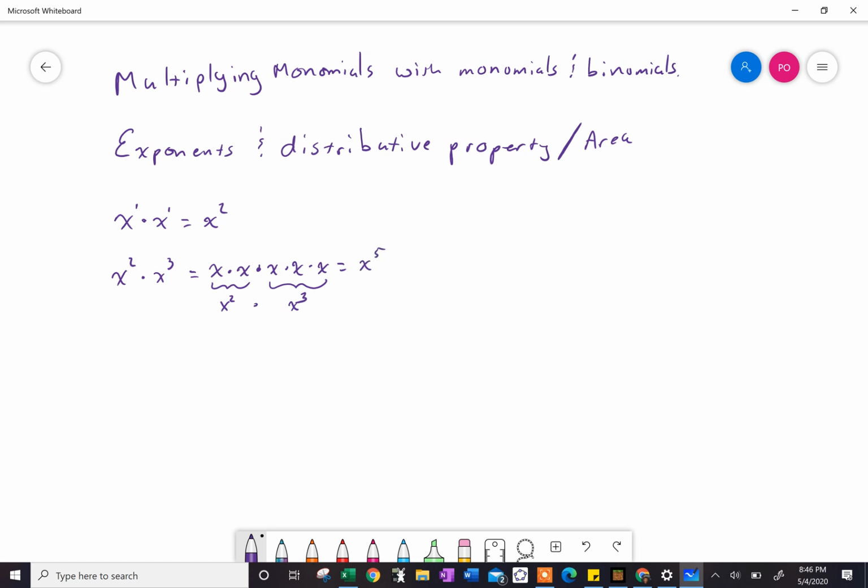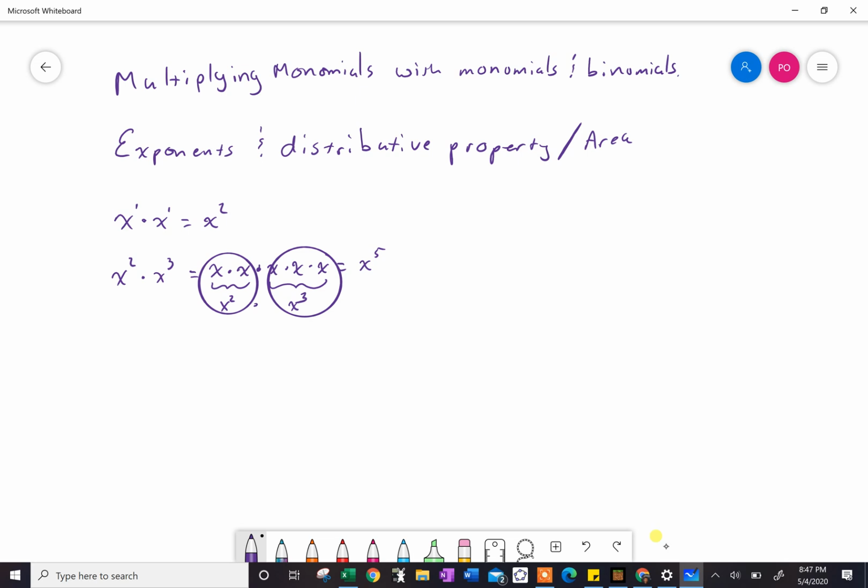So just to recap, when you're multiplying numbers with the same base and they have exponents, you just add the exponents. And the reason why is because you have x squared here, and you have the x cubed here, and when you count them all up, you're multiplying x by itself 5 times.